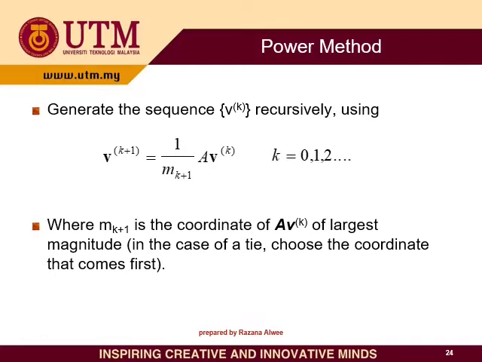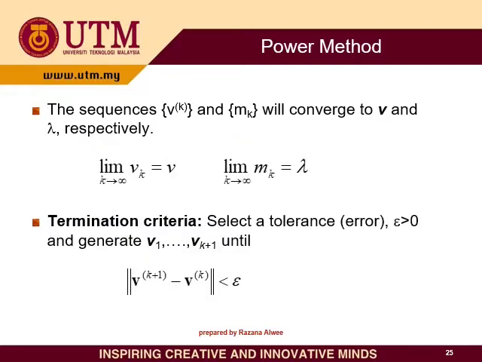This is what I mentioned before, that you need to do this sequence recursively again and again until you find the answer. That I will explain later in the example. What is the termination criteria? Same as chapter 6, we have a termination criteria to stop the recursive sequences.